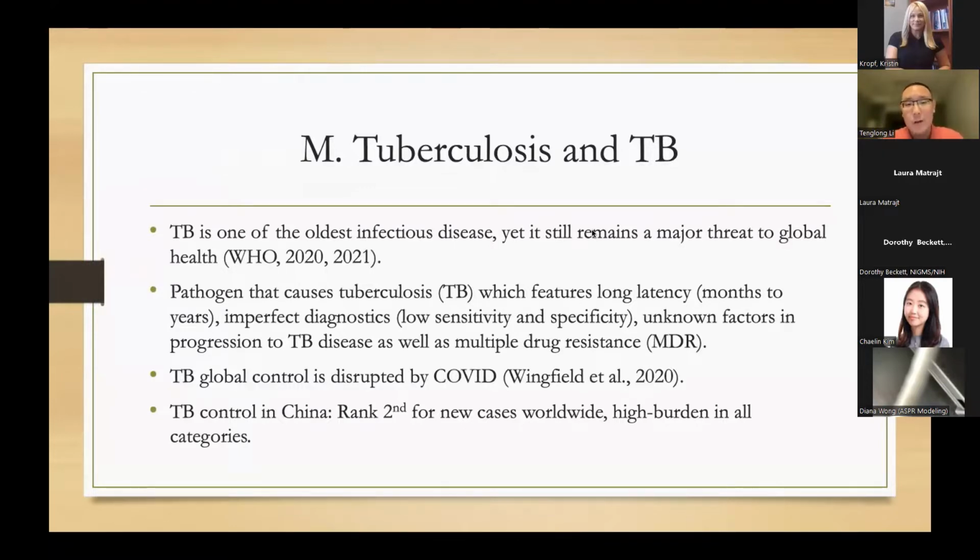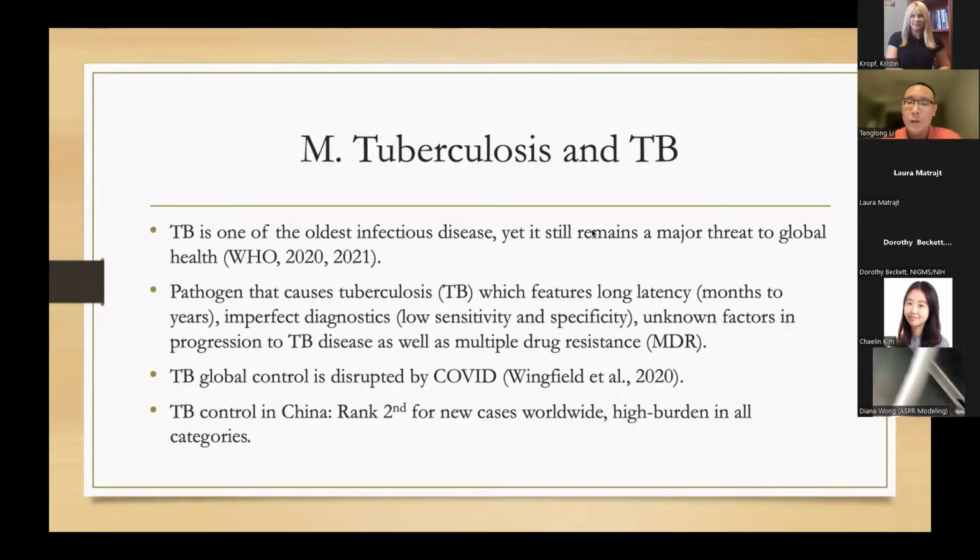And the pathogen that causes TB is called Mycobacterium tuberculosis, which features long latency, and the latency could be months to even 2 years. Also, TB has imperfect diagnostics, with low sensitivity and low specificity.